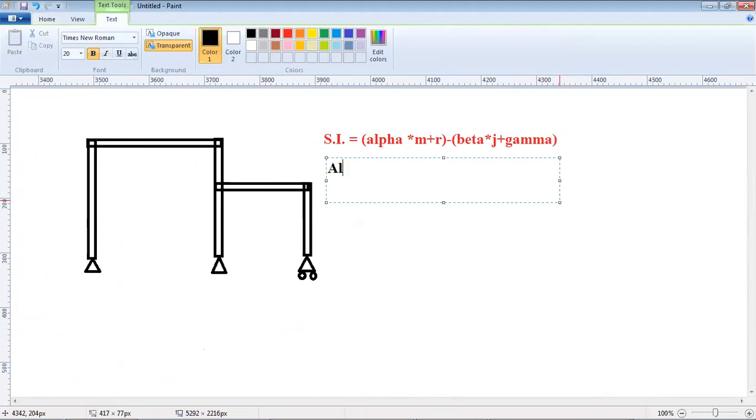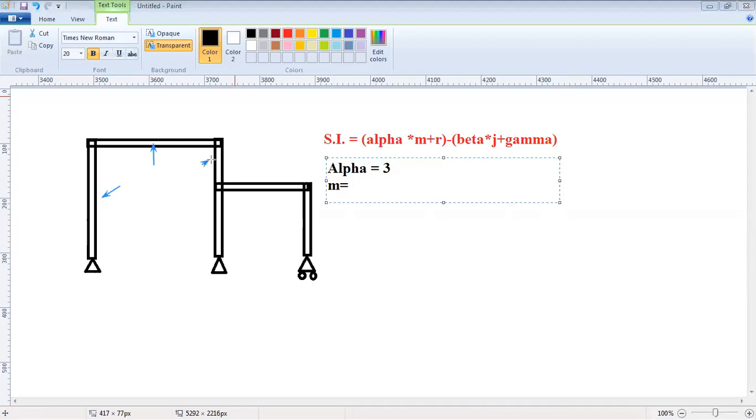So what we have is the value of alpha. It's a 2D frame, so the value of alpha would be 3. Then the number of members: we have to count them here. This is 1, this is 2, this is 3, this is 4, this is 5, this is 6.